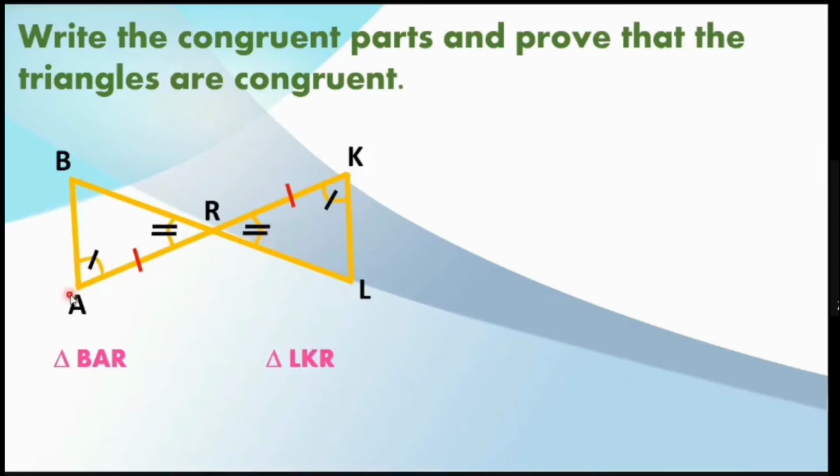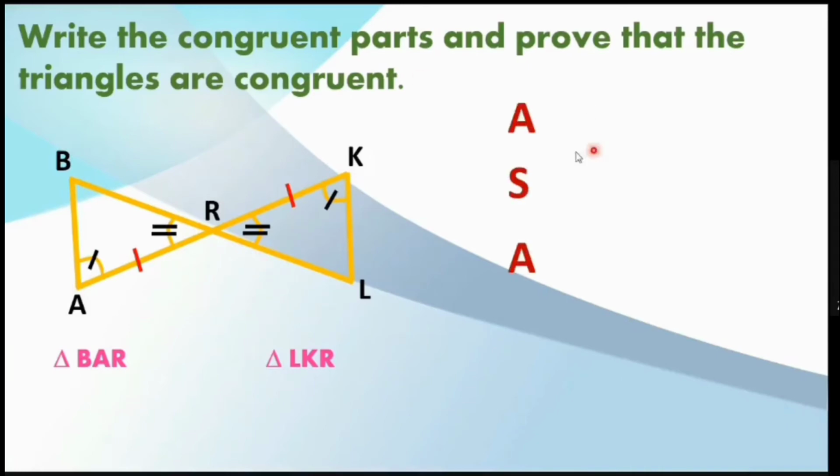So we can now say that this is marked angle, side, angle. In the same manner, on the second triangle, we have angle, side, angle. So we are sure that the two triangles are congruent under ASA Congruent Postulate.